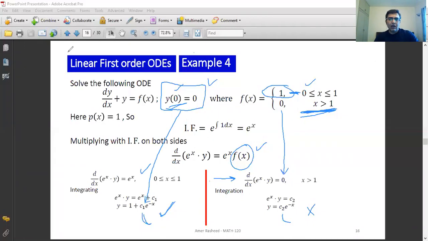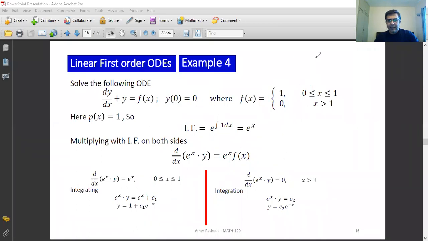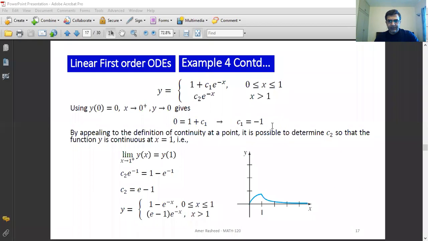Now we can simply use this condition. Let's see on the next slide. So this is our solution in general, basically. This one for x less than 1 and greater than 0, and for x greater than 1, this is the solution.